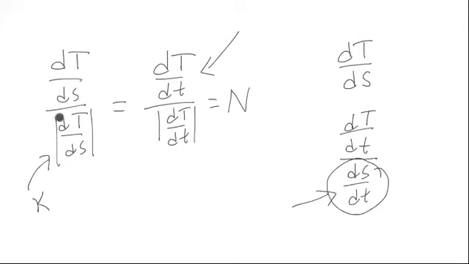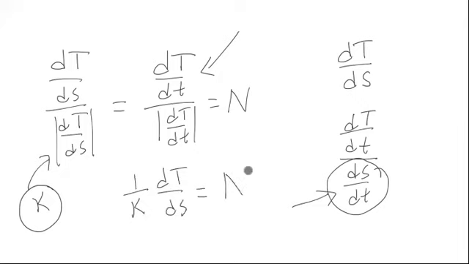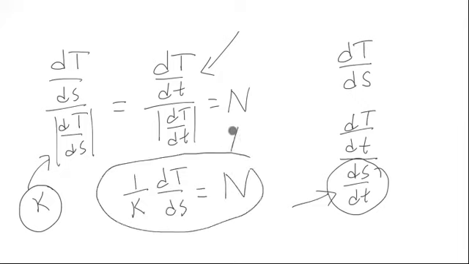So by the definition of what curvature is, we could think 1 over kappa times dT/ds is equal to this vector. So we have multiple ways of describing what the unit normal vector is. Remember what the unit normal vector is. The unit tangent vector goes tangent to the curve. For the unit normal vector, you take the derivative of T and then normalize it, and it's always going to be perpendicular to the curve.